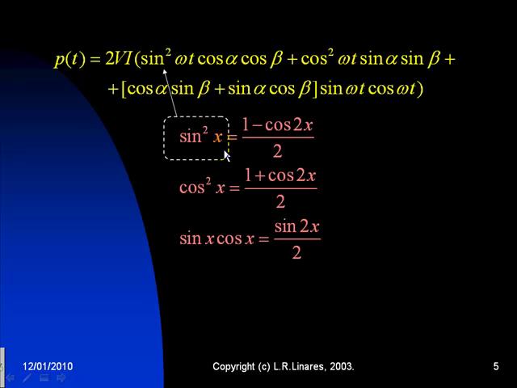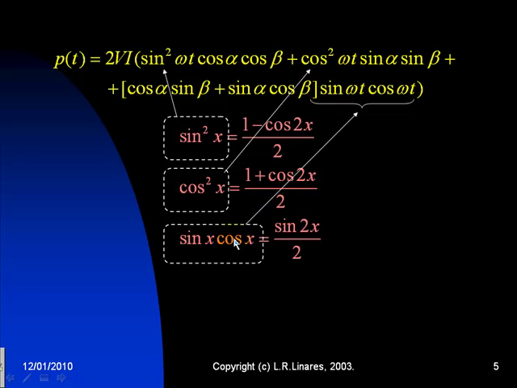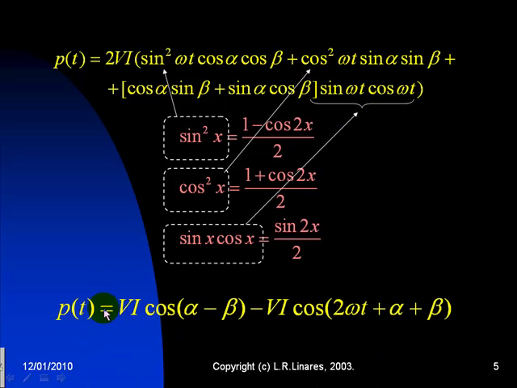Let's apply this square sine formula here, the square cosine formula there, and the sine x cosine x formula over there. We do that, reorganize, simplify, and the expression for the instantaneous power in that element becomes this.